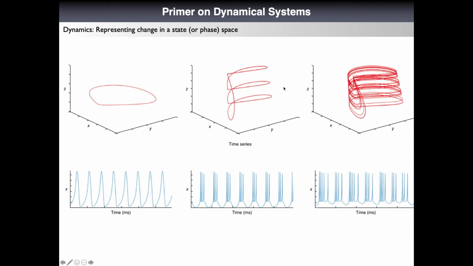So we can have closed trajectories, oscillations, or we can have spirals like this. And this reminds you, of course, of neural bursts. And we can also have chaotic dynamics where they are bounded in a space. However, they never really cross the same point twice.